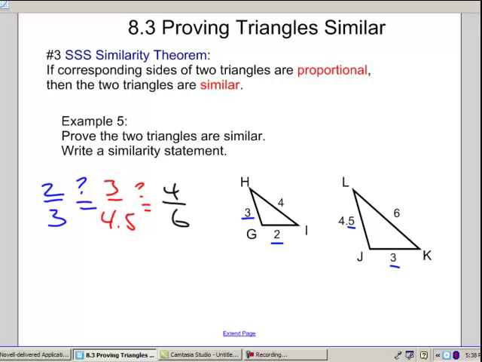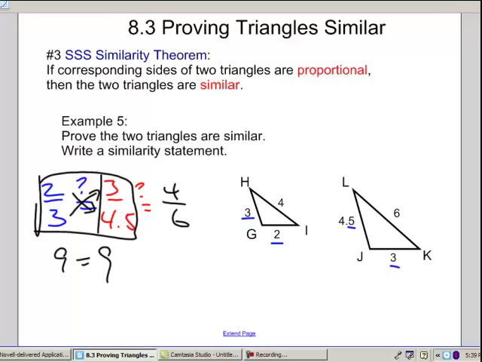Well, we already know 2 to 3 is equal to 3 to 4.5. Why? Because I did it just a minute ago. Also, if you cross multiply, 2 times 4.5 is 9. 3 times 3 is 9. These two are proportional. What about over here? 3 times 6 is 18. 4 times 4.5 is 18.